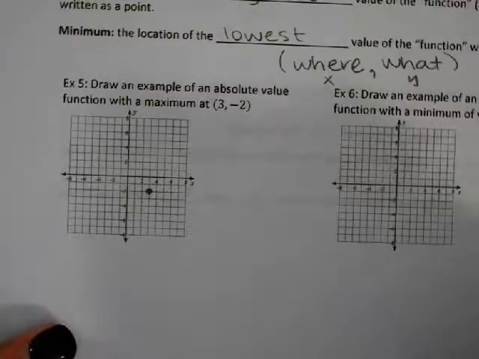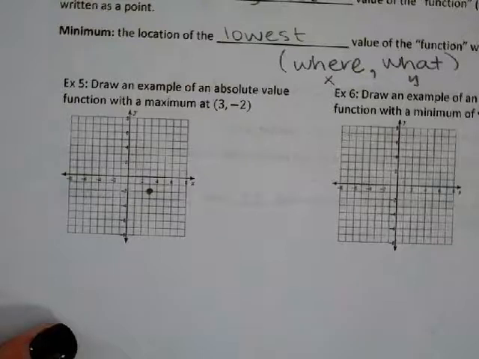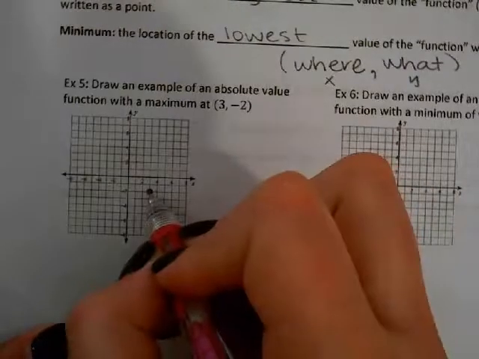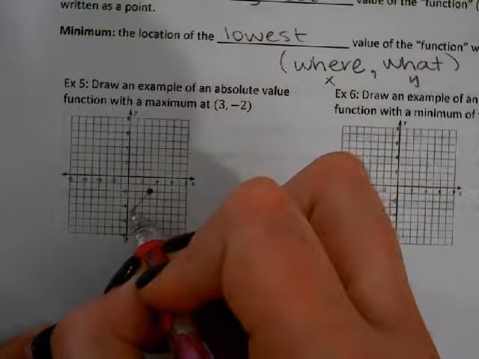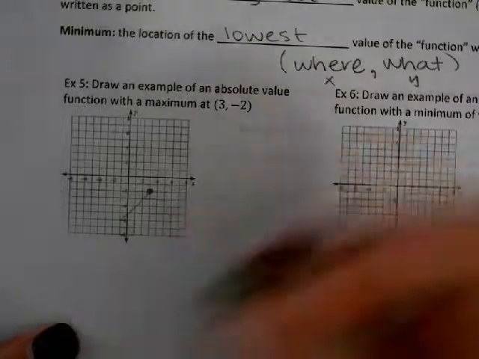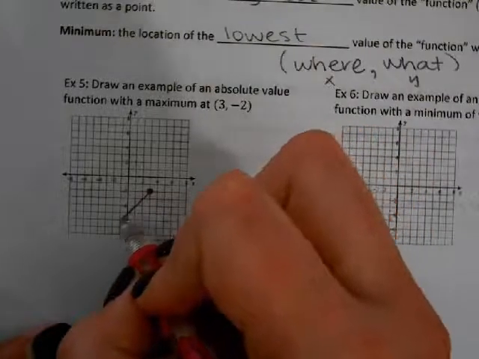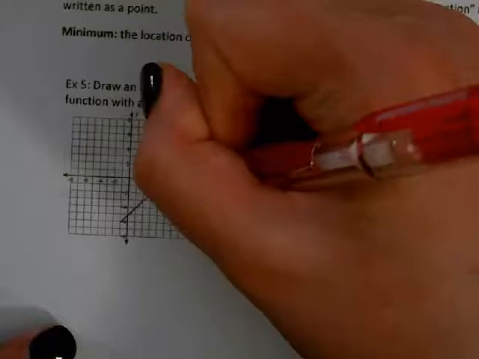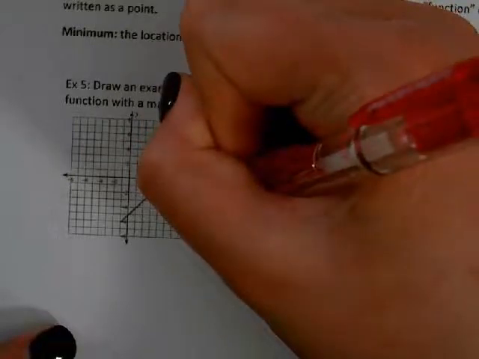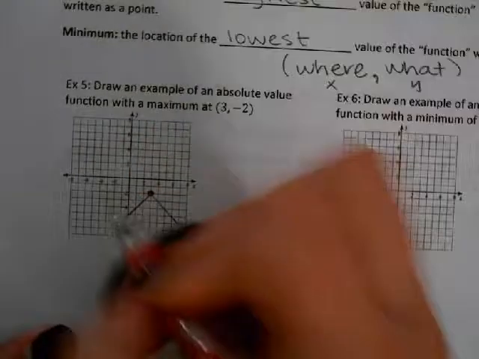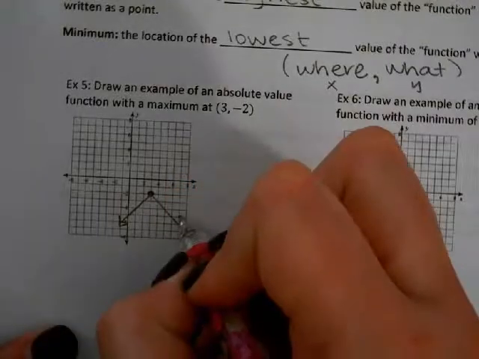Yeah, that has to be the top of the V. The V has to go down from there. So I'm just going to make this go down 1 over 1, down 1 over 1, because that's the easiest to draw. There we go. So there is an absolute value graph with a maximum of 3, -2.